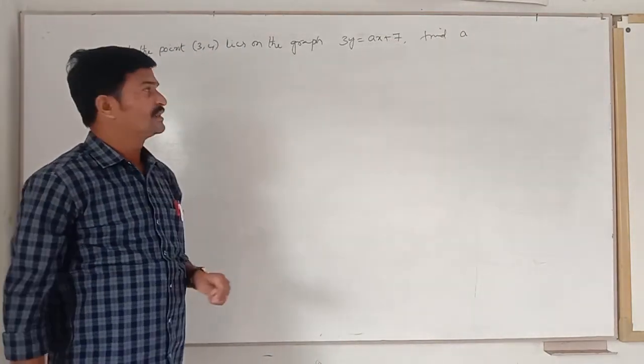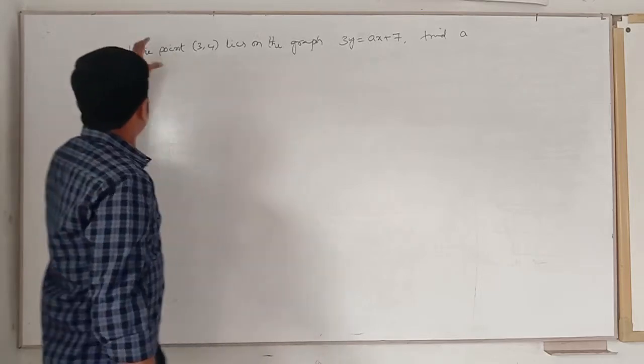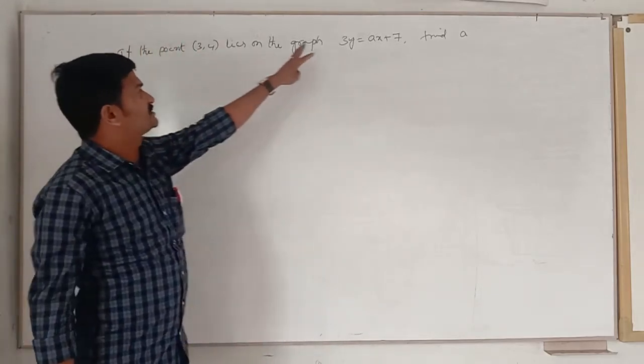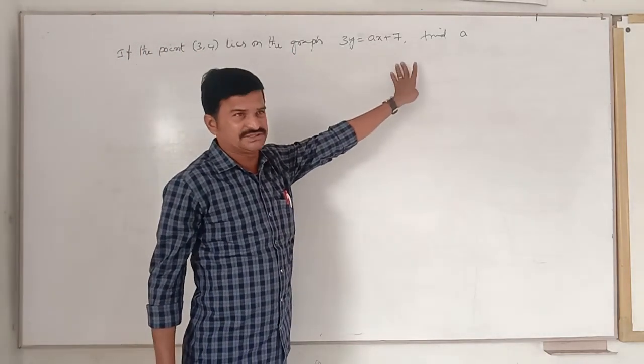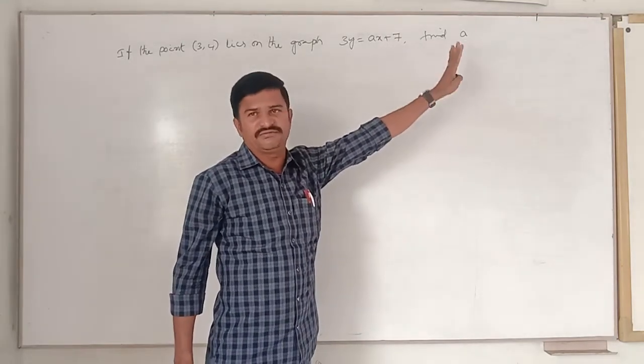Are you clear? This is the point 3 comma 4 which lies on the graph 3y equals ax plus 7, and you have to find the value of a.